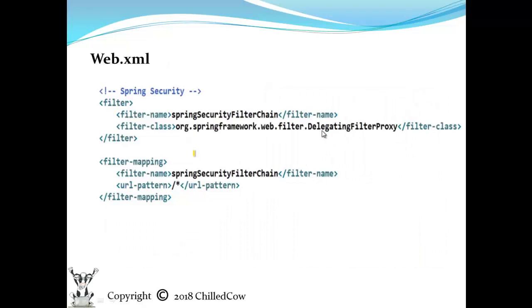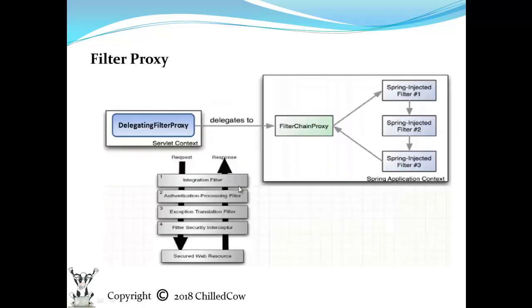Here I'm just mapping the delegating filter proxy class with my filter chain. Once delegated in the application context, this class is going to take care of all the delegation and execution of all the filters in one shot. I don't need to provide a separate mapping for each filter with the delegating filter proxy in web.xml now, because I'm implementing the filter chain proxy.